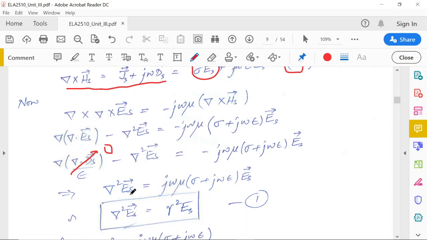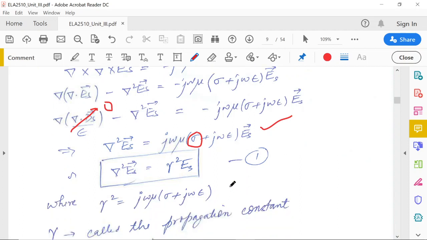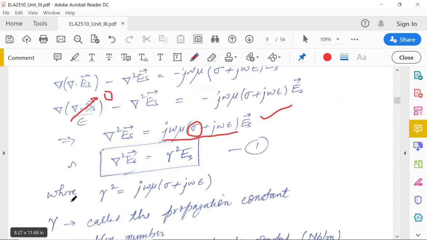So here the wave equation will look like this. Previously it had the minus omega square mu epsilon. Now this factor will also be there, and due to this we have this equation. We put this whole term as gamma square, where gamma square equals j omega mu times sigma plus j omega epsilon.